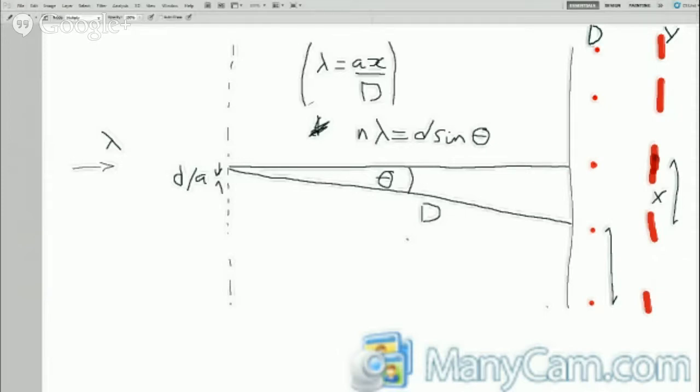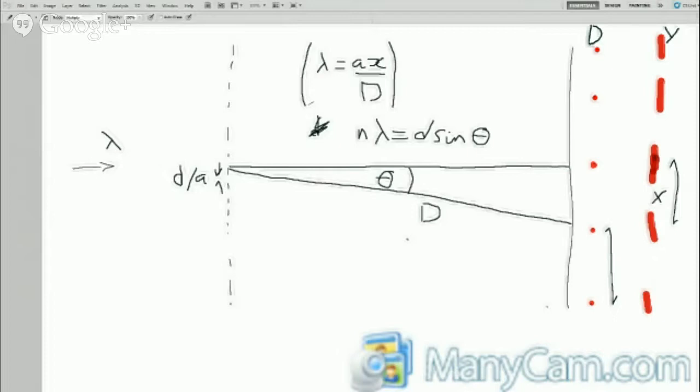So within the textbook and within the formula sheet, for example, it uses a different letter in the Young's slits and the diffraction grating to represent the same thing. That is the separation between the slits in the grating, or between the pair of slits in the Young's slits experiment. And this theta is this angle here.